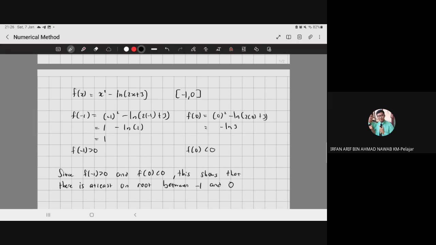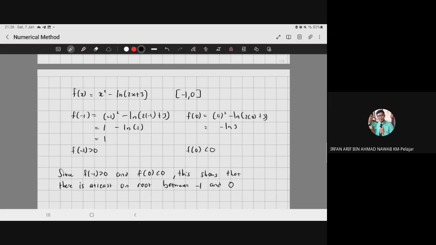Anyone else have any questions so far? Okay. Do you guys want more questions, or do you want to go to the next subtopic, which is the Newton-Raphson method?